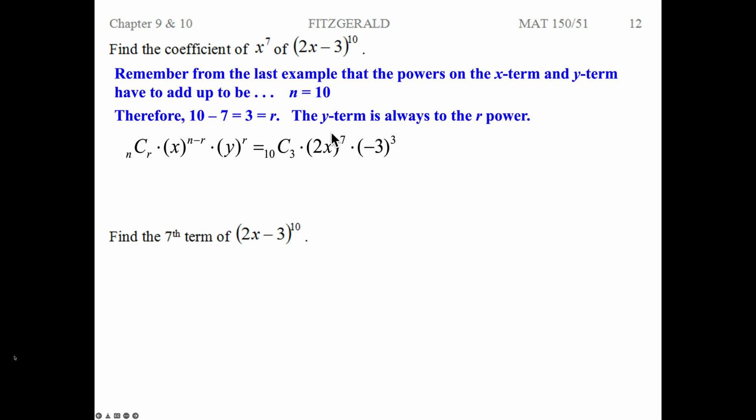So to go crunch this out, 10 combination 3, I'll just do that in my calculator, that's 120. 2 to the 7th is 128 times your x to the 7th. And we saw earlier that negative 3 to the 3rd was negative 27. Multiply all those numbers together, and you get the coefficient as negative 414,720 x to the 7th power.